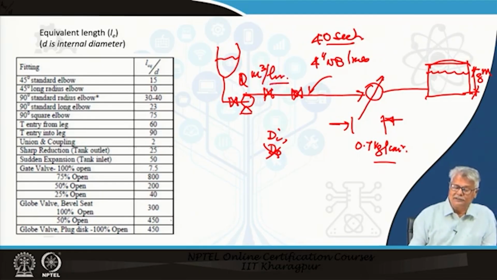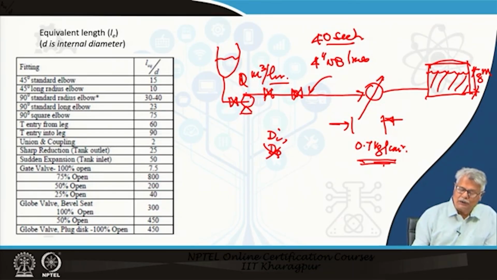In case of the exchanger we have designed with a pressure drop not exceeding 0.7 kg per cm square, and in case of the tank, the height to which it has to be pumped is about 8 meters of liquid head and it is open to the atmosphere.